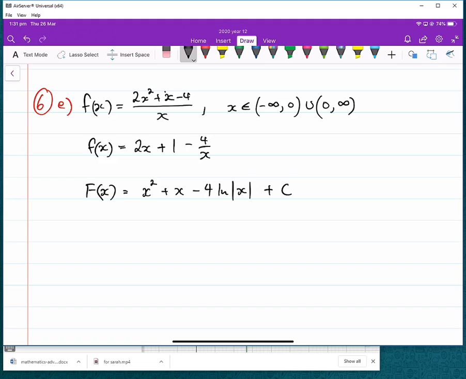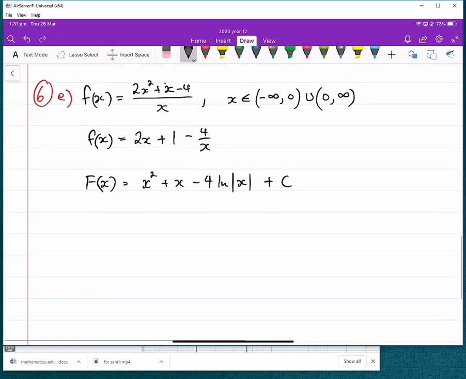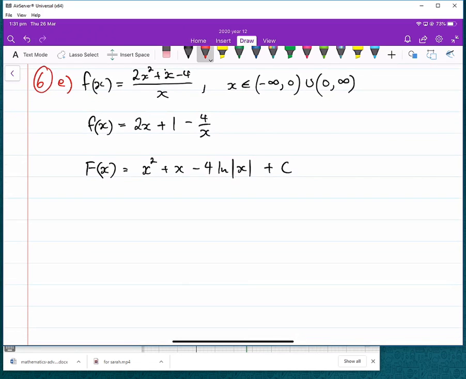I might do one more, and let's have a look and see. So maybe h in question 7. So question 7, h is let's say, in each case show that the numerator is the derivative of the denominator, then use the form to find it.